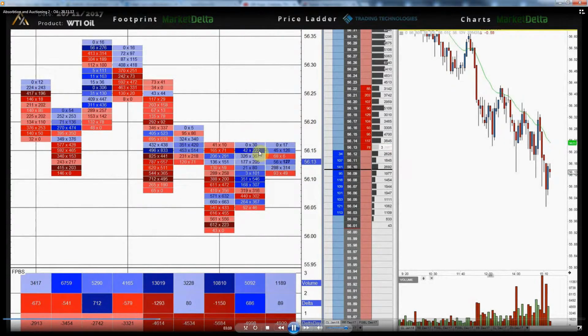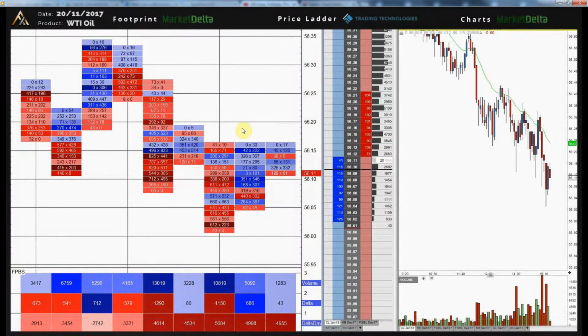On the high, whilst there is still a pickup in volume in the darker shade, we see a lot less overall volume at the extreme. That tells us the sellers are being more aggressive and more intentional at the low versus what the buyers are being at the high. So always interpret the total amount of volume being transacted.